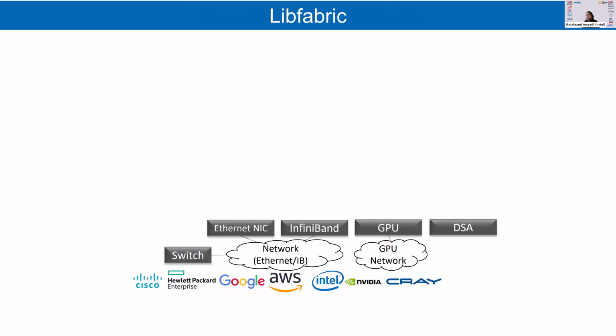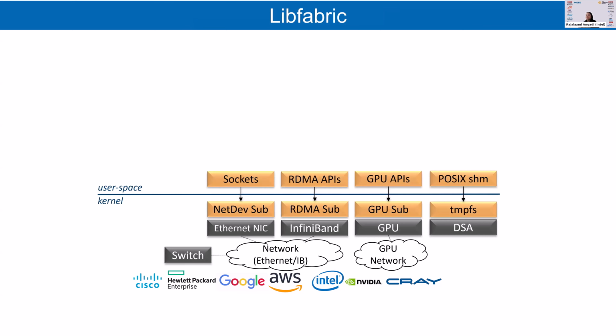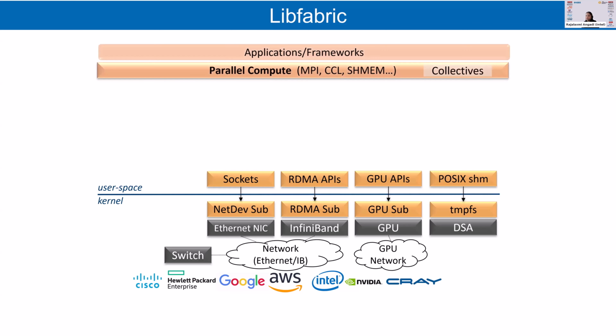So at the bottom, we see we have different types of fabrics, and there are different vendors that are providing these different types of fabrics. We can see that there are fabric hardwares from different vendors, like, again, like I mentioned, Intel, Cisco, Cray, Mellanox, NVIDIA. They have their own kernel drivers and user space interfaces. On the top, we have applications and middleware libraries. Now, if a developer wants to program for, say, an Ethernet NIC, we go with the socket APIs.